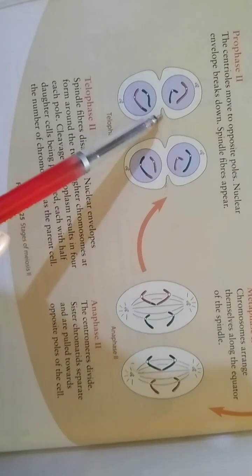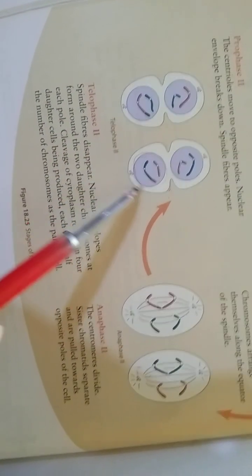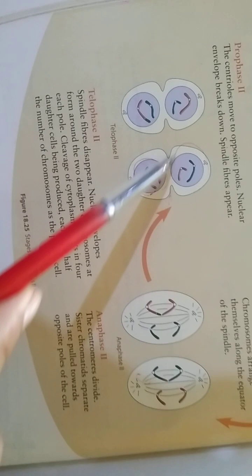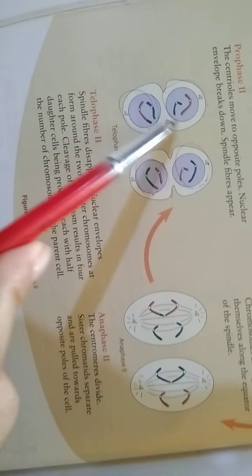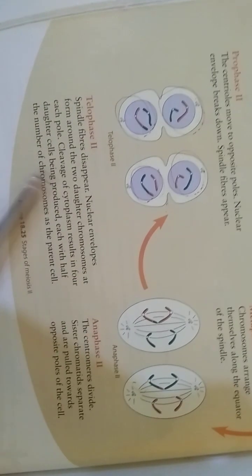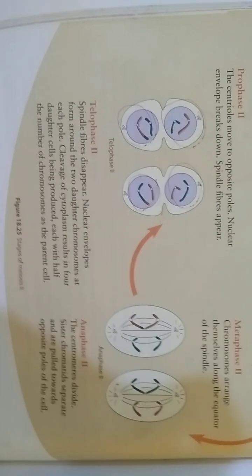Cleavage occurs inside, and the cells are created one after another. Four daughter cells are produced with half the number of chromosomes as the parent cell.